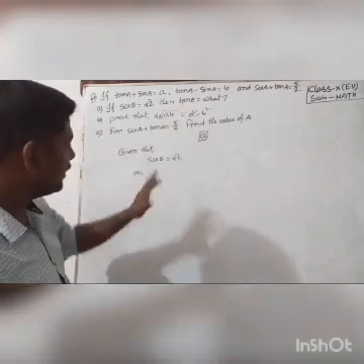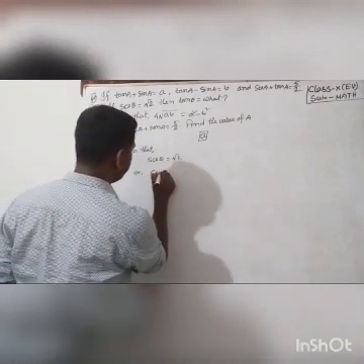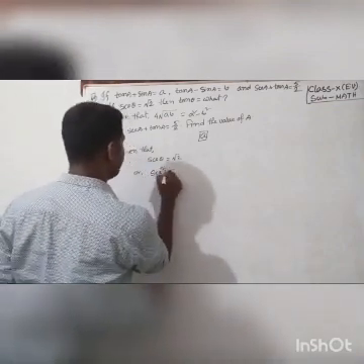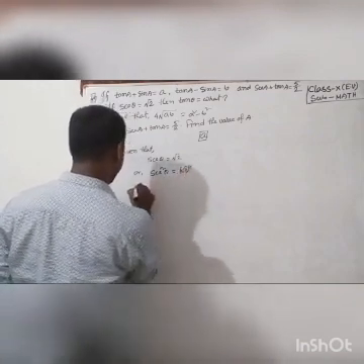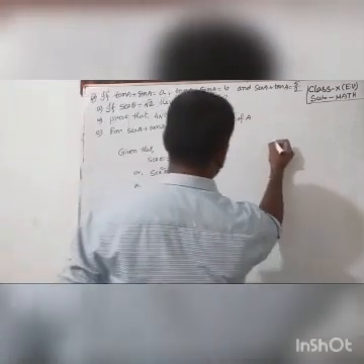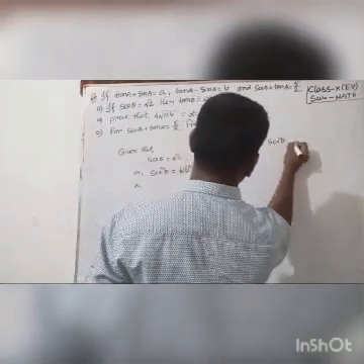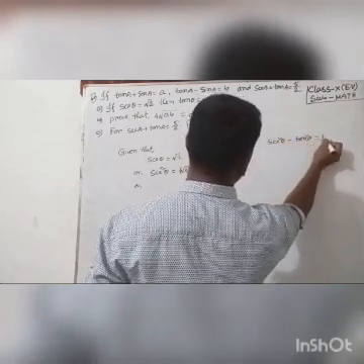For this reason, squaring both sides. Squaring both sides, then it will be sec square theta and it will be root 2 whole square. We know a formula, sec square theta minus tan square theta equal 1.